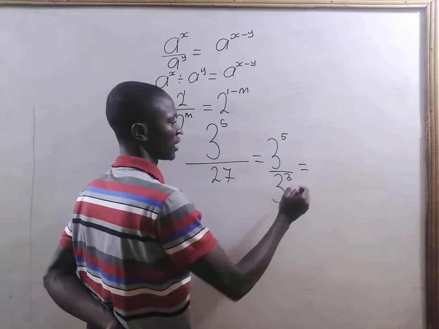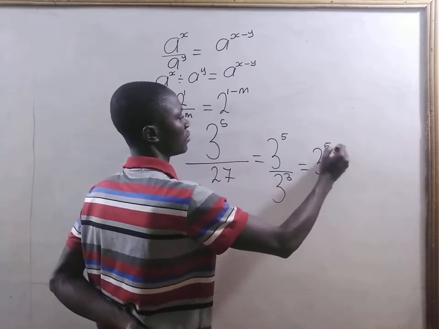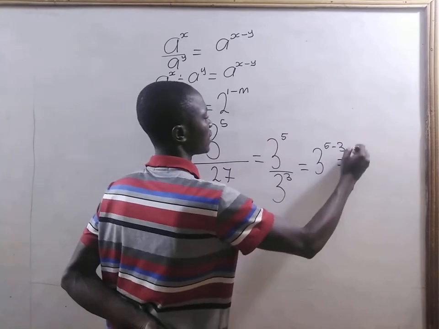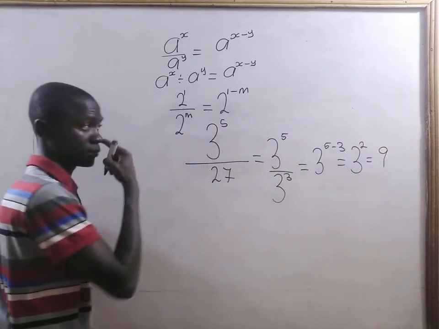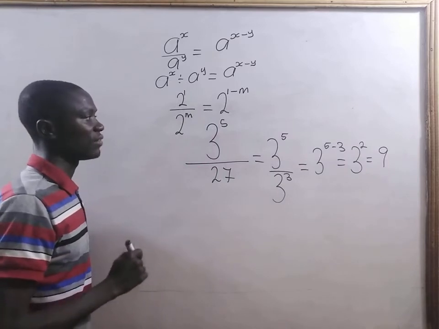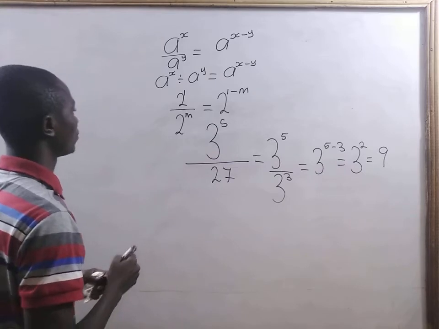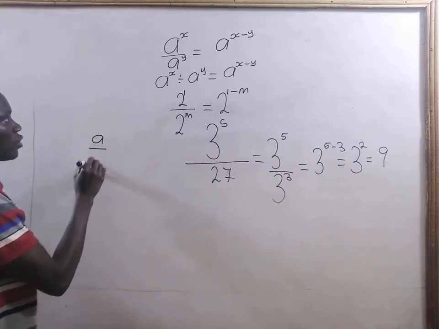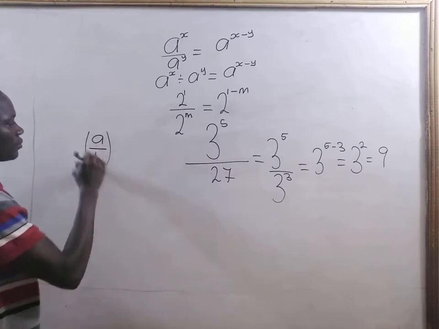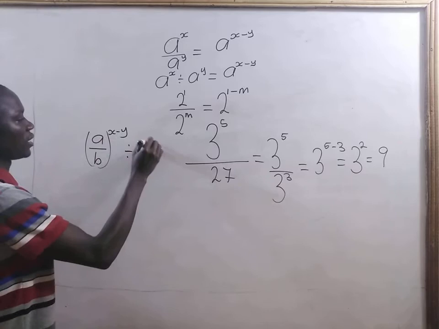So this is the same as 3 to the power 5 minus 3, and that is 3 squared, that is equal to 9. Very simple as that.